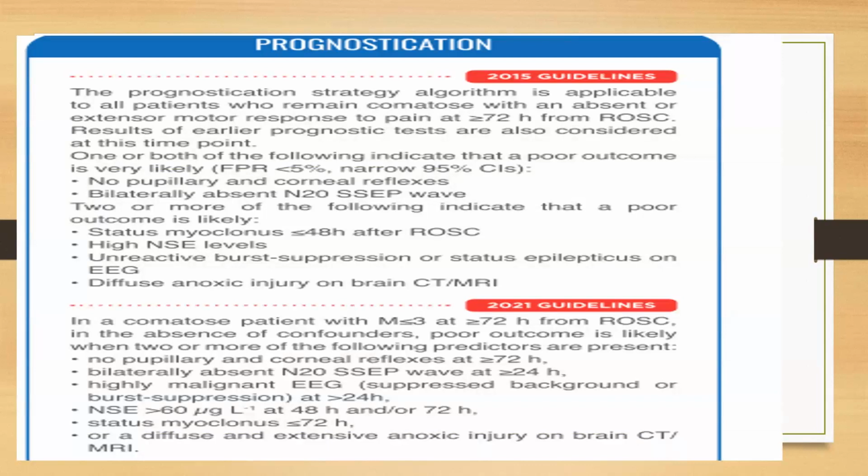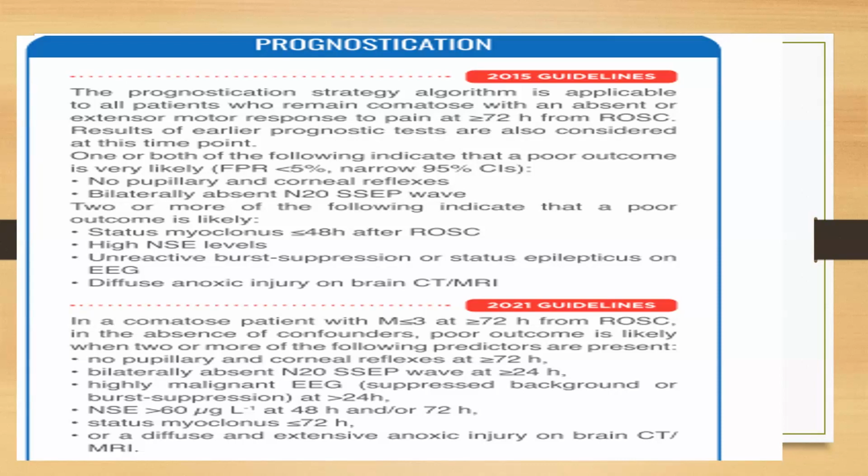So, according to the 2015 guidelines, if one of the following factors is present, that indicates poor outcome: no pupillary corneal reflex, or bilateral absent N20 SSEP waves. If any one of these is present, that indicates poor outcome.